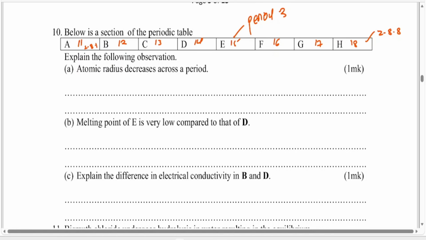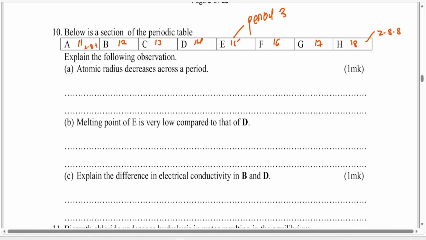So the reason as to why the atomic radius decreases, it is because as the number of protons increases, the nuclear charge also increases. And as the nuclear charge increases, it becomes more positive, and the remaining electrons on the energy levels are strongly held by that nucleus, and that makes the atomic radius decrease, and therefore we say it is due to the increase in nuclear charge across the period.